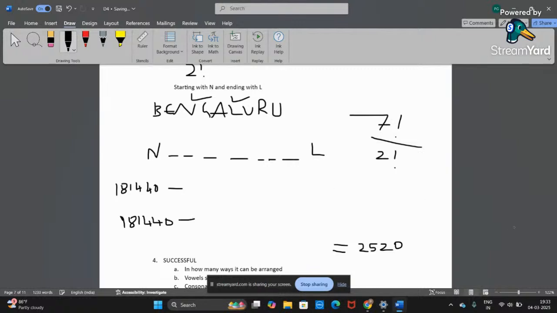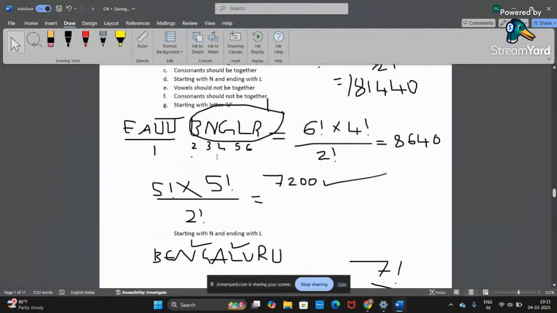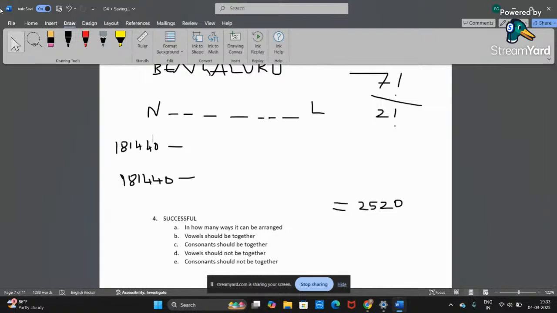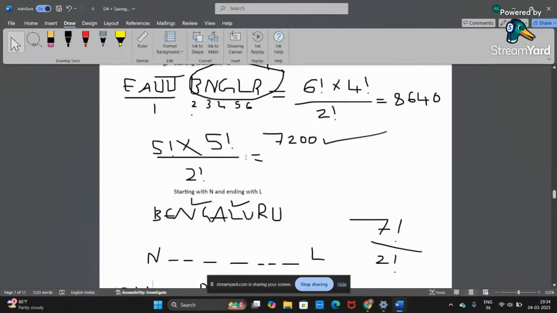What is the answer for vowels together? What is the value we got? 8640, right? And for consonants, how many ways can we arrange the consonants together? It is 7200.